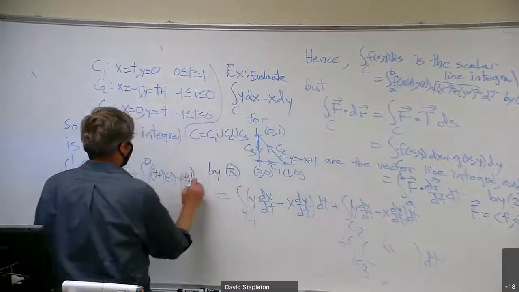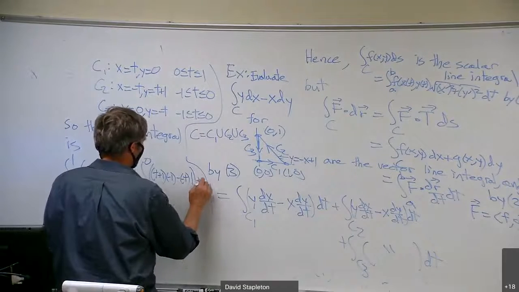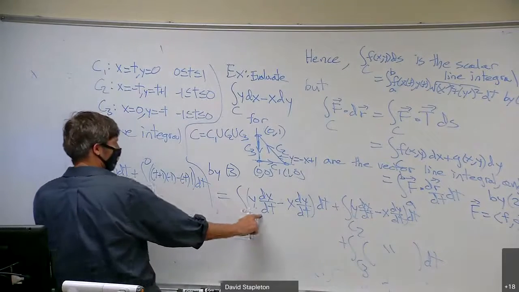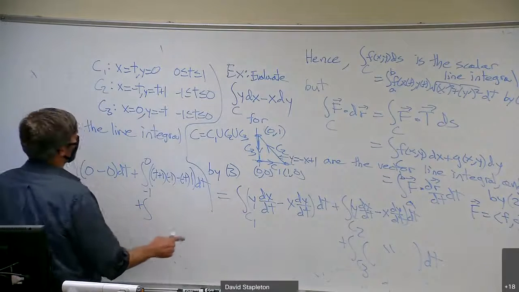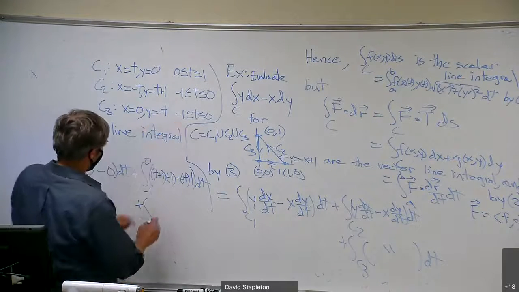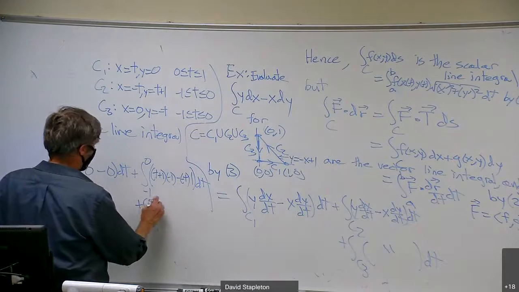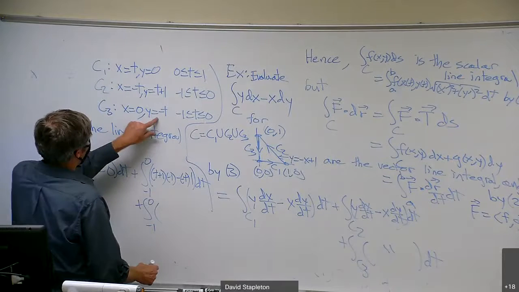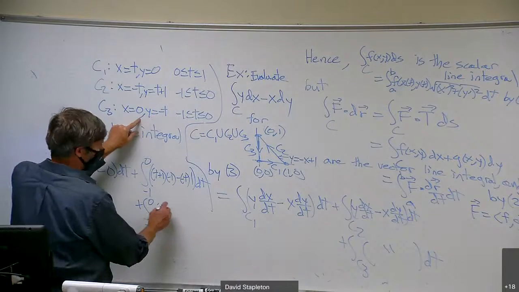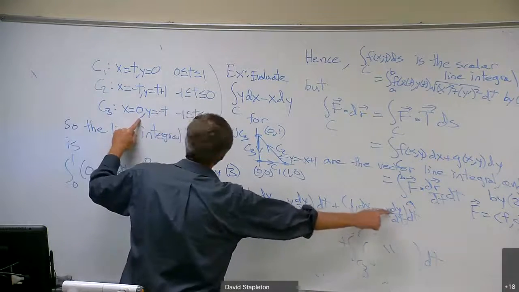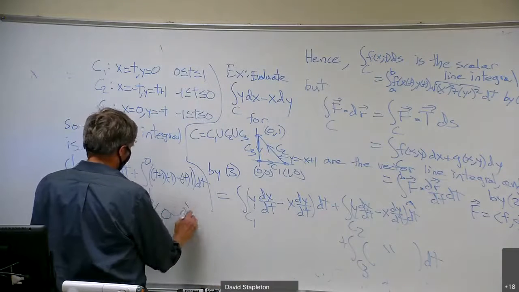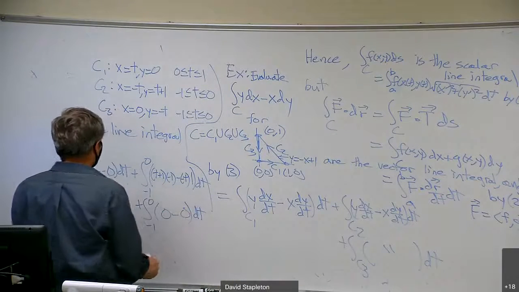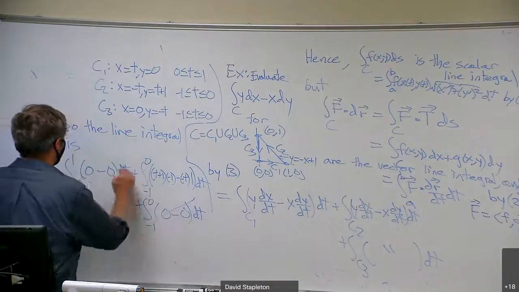All integrated with respect to t. This is the integral along C1. This is the integral along C2. And the integral along C3, t goes from -1 to 0. Y is minus t, dx/dt is 0, so this one's 0. Minus x dy/dt is 0 times something. So these two integrals just vanish, right?